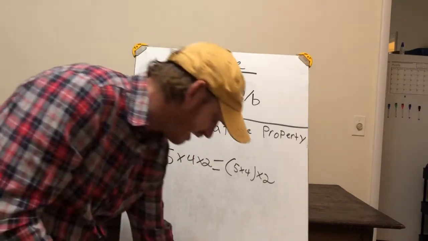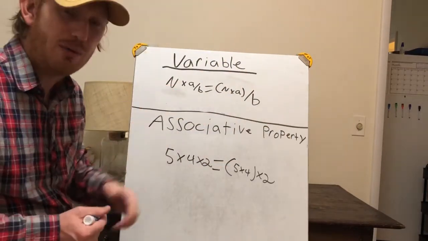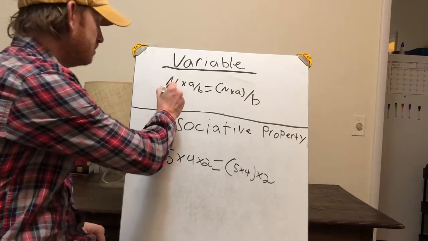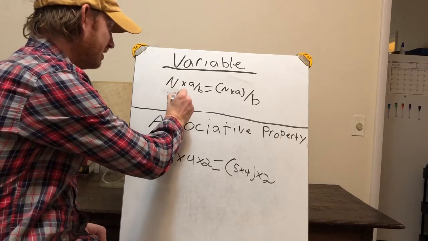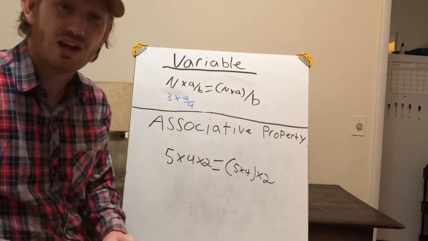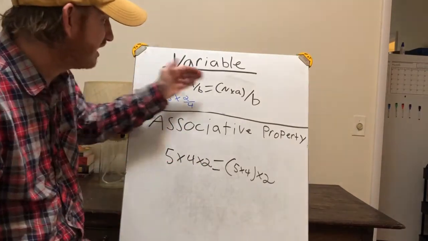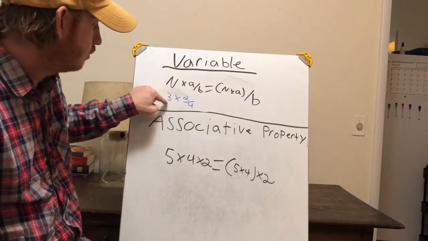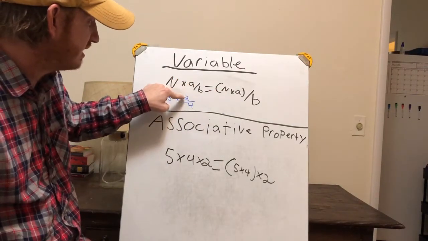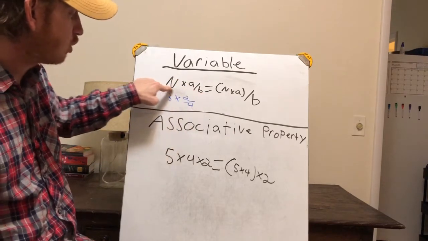If I was actually doing a problem, these variables would be numbers. For example, it could be 3 times 2 over 4. The variables are just there to help us know where things go. The n will be the 3, the a is the 2, and the b is a 4. And this is our equation.